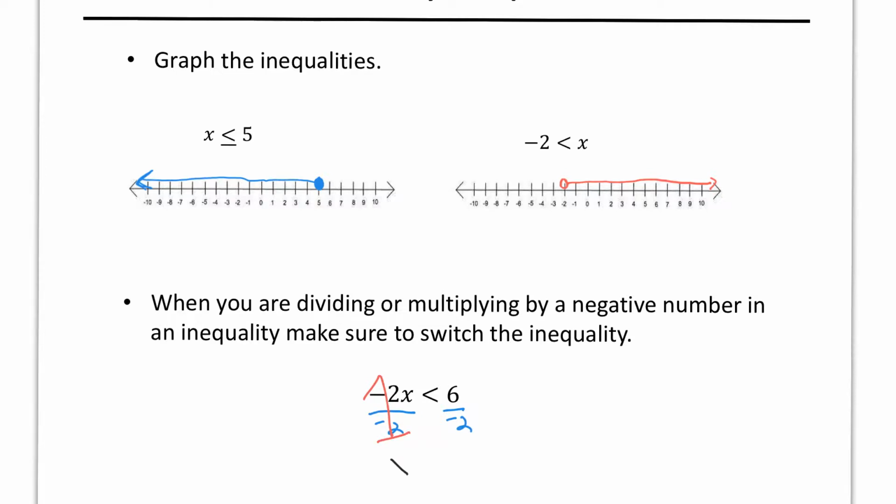I bring down the x, and I have to switch the inequality because I'm dividing by a negative number, -2. So the inequality is greater than, not less than. And on the right side, it's going to be -3, because 6 divided by -2 is -3. Make sure you don't forget, when you divide or multiply by a negative number, you have to switch the inequality.